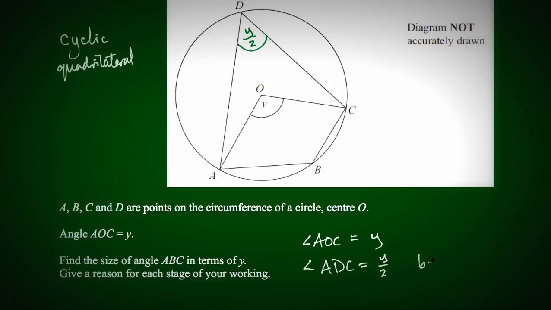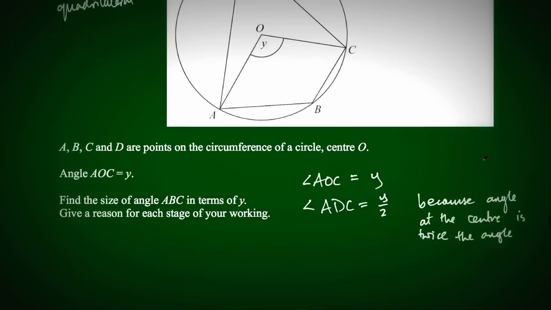And justify it with, because angle at the center is twice the angle at the circumference. Or double the angle at the circumference, however you want to say that.